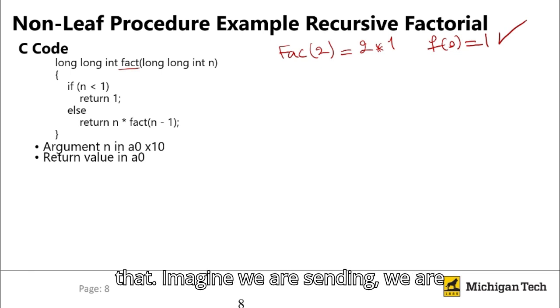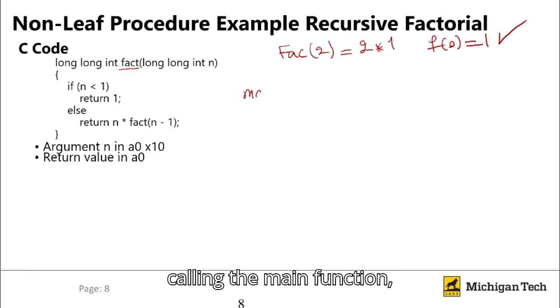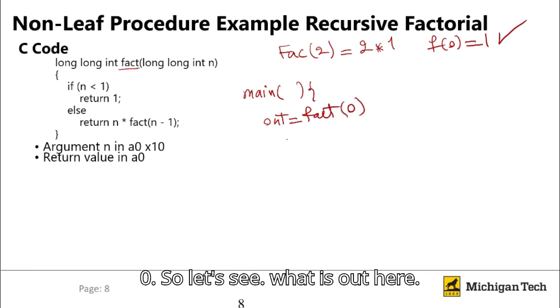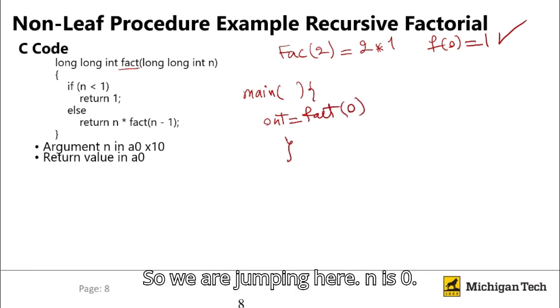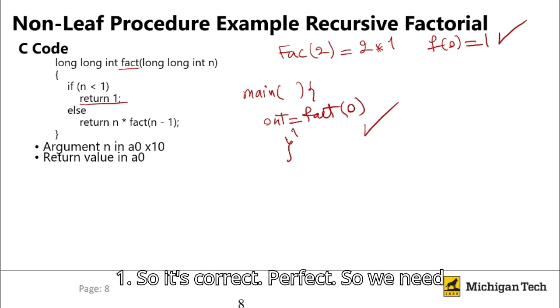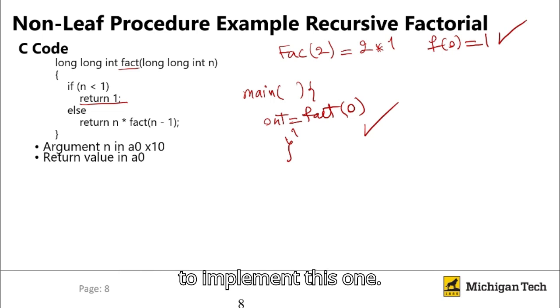Imagine we are calling the main function, which calls factorial, out is equal to fact(0). So let's see what out is here. We are jumping here, n is 0. If n is less than 1, return 1. So the out is 1, so it's correct. Perfect. So we need to implement this one.